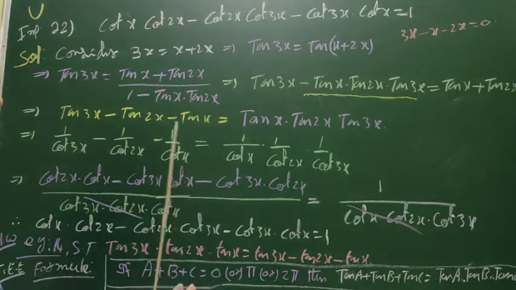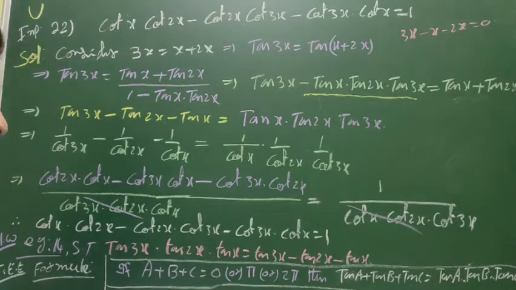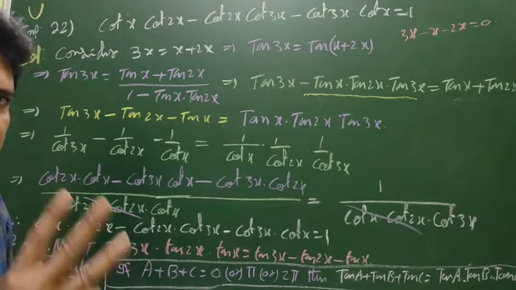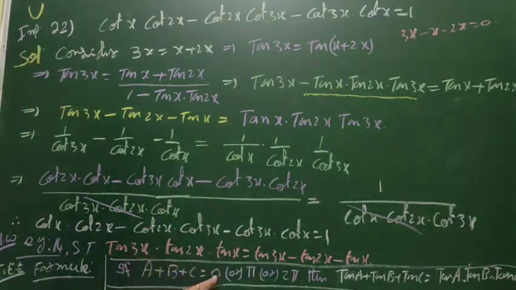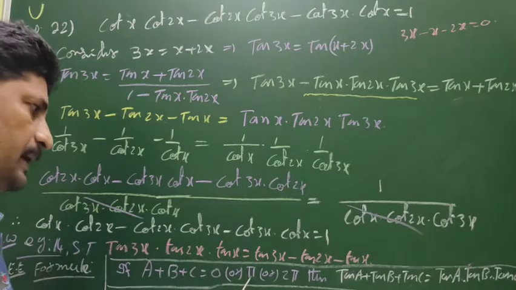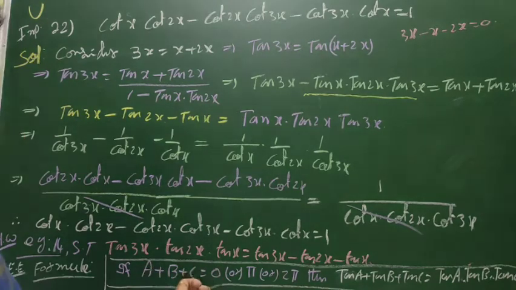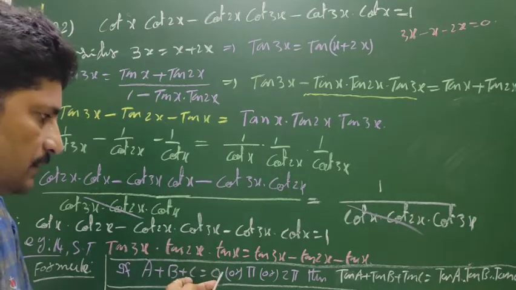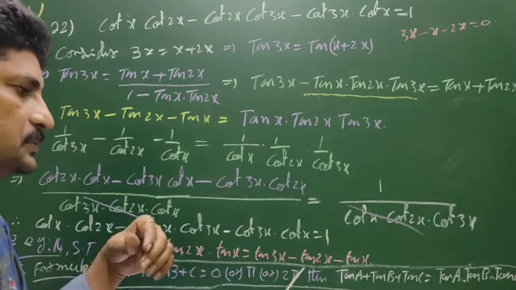Now suppose this type of question comes in JEE Mains, then you may use one shortcut formula. If A plus B plus C, three angles, x plus y plus z, like that, the sum of angles is 0, or pi, or 2 pi. Pi is 180 degrees, meaning the angles of a triangle, or 2 pi.